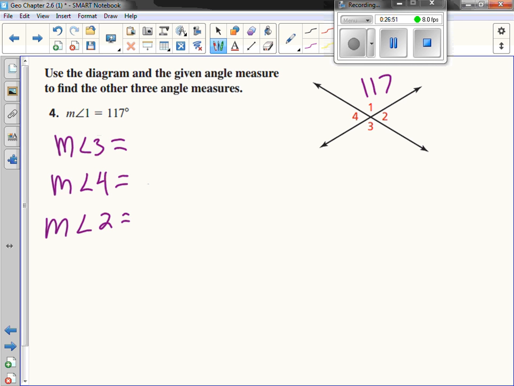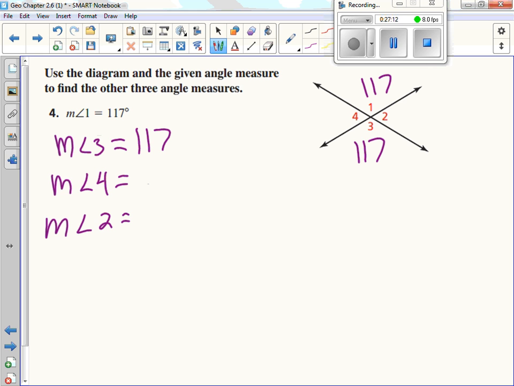Opposite pairs. So the measure of angle 3 is what? 117. 1 and 3 are vertical angles, so they have the same measure. Angles 2 and 4 are vertical angles, yes? So whatever their measure is, it would be the same.